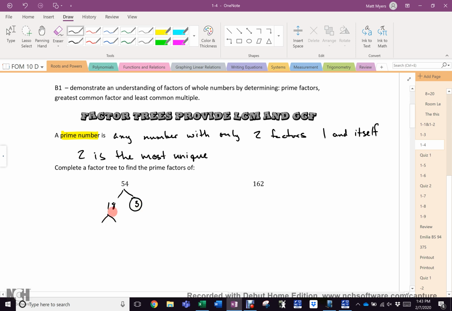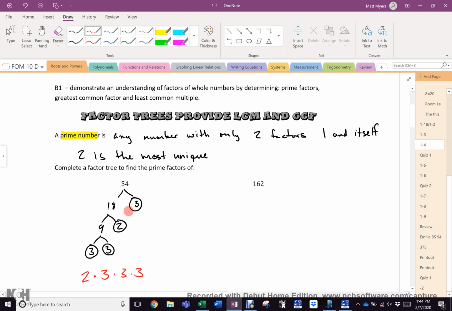So I'm going to break down 18, and I'm going to go 2 and 9. 2 is prime, so I'm going to stop. 9 is not, so I'm going to break it down again to 3 and 3, and then I'm going to stop. Everybody cool? Yes. And no matter how you started, you are all going to end up with 2 times 3 times 3 times 3.